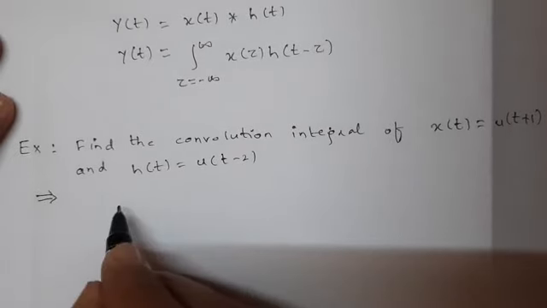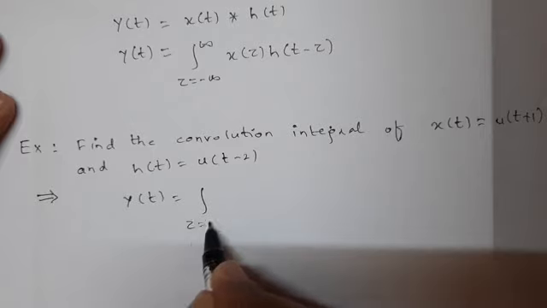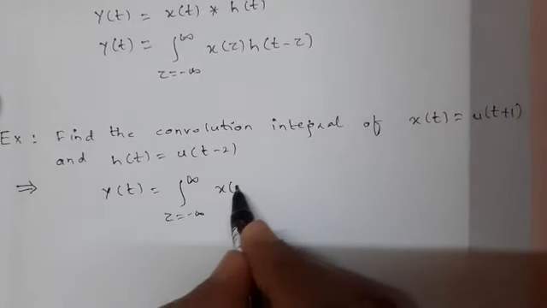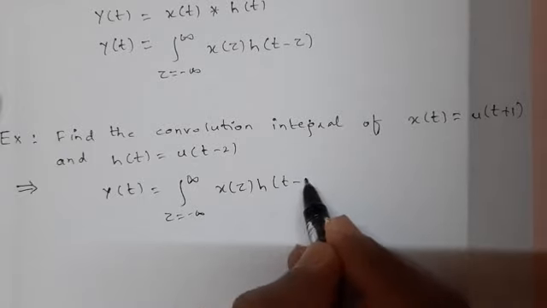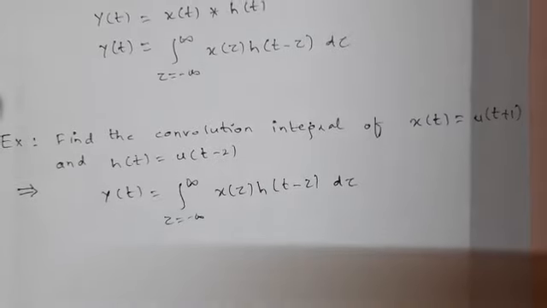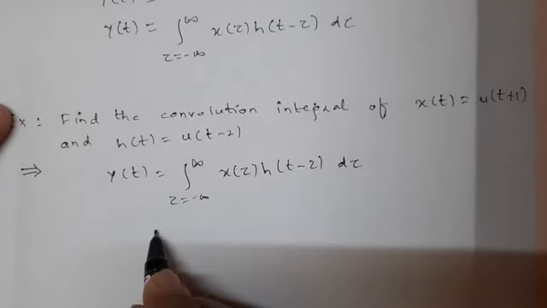Our basic equation we have to write first. y of t equal to integral from tau equal to minus infinity to plus infinity, x of tau h of t minus tau d tau. Here also we write d tau, integral with respect to tau, right?